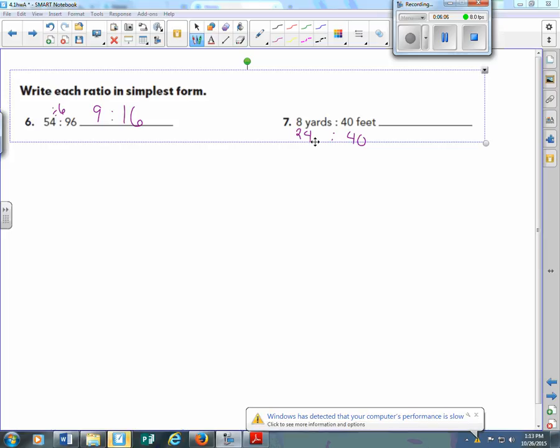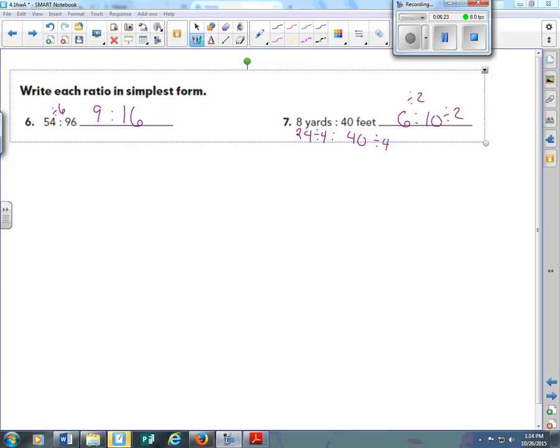But that's not in simplest terms, so I would divide by 4, and I end up with 6 to 10. Now I look at this and I say, these are both even, so I would divide both by 2 again, and I end up with 3 to 5. On to the next problem.